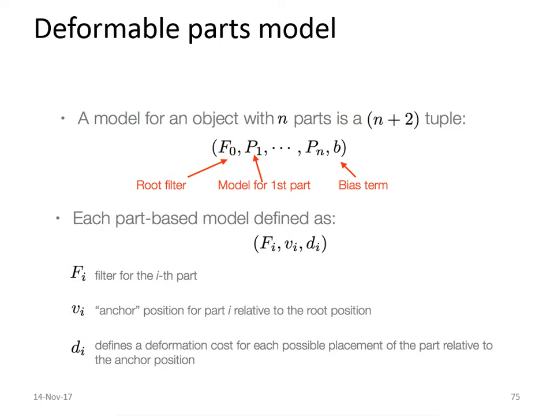Then you have a deformable cost function, which takes into account both the HOG features and the location of the part, computed relative to the root filter location.